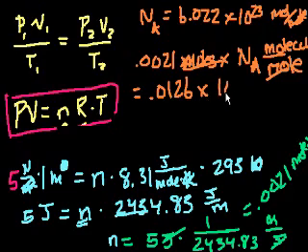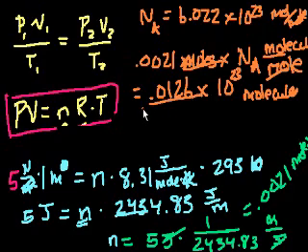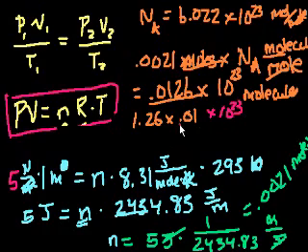So this equals, let's see, 0.0126 times 10 to the 23 molecules, right? We have to remember that. That's the same thing as 1.26 times 0.01, and then of course times 10 to the 23. And what's 0.01?